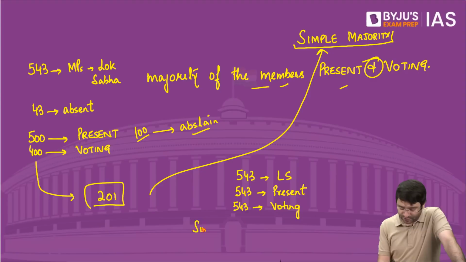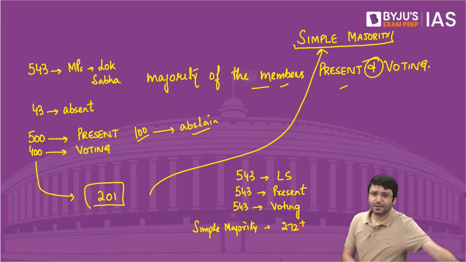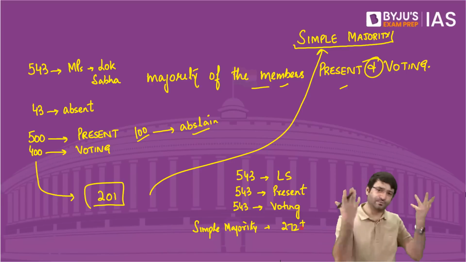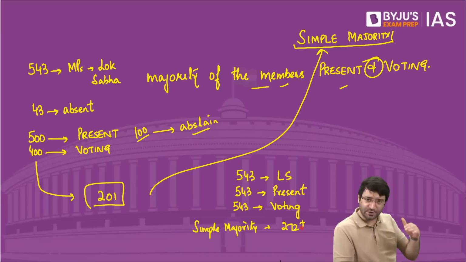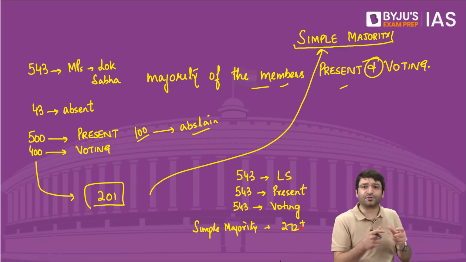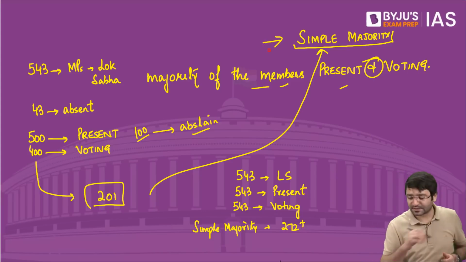What is the simple majority? Very good. 272 plus. Anything above 272 is a simple majority. 272 or above is simple majority. And this bill under Article 3 requires simple majority.